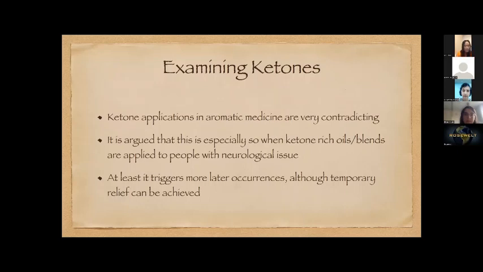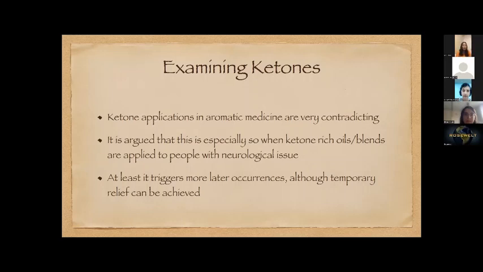Examining ketone and ketone fabrication in aromatic medicine or aromatherapy is very contradictory. It is argued that this is especially so when ketone-rich oils or blends are applied to people with neurological issues. At least it triggers more later occurrences, although temporary relief can be achieved.